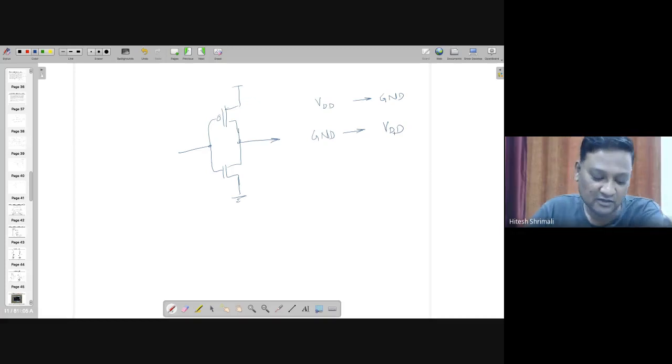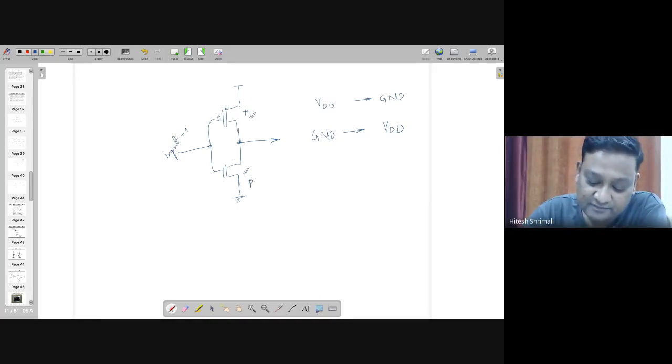But here you can see that depending on the input, one transistor is acting as a load to the other transistor. Meaning when input is equal to logic 1, at that time this transistor is on, this transistor is off. And if you look the other way around, this transistor is on and this transistor is off.